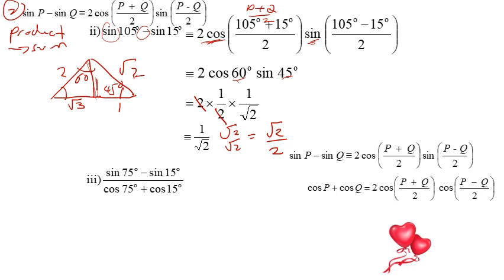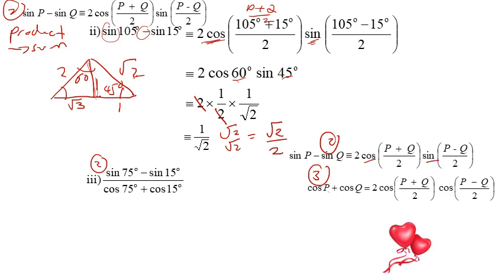Alright, next. Sine 75 minus sine 15. This one is also sine minus sine like formula number 2, and then below here is cos plus cos. So cos plus cos is formula number 3. For sine minus sine, as I said in the previous one, cos first and then sine.